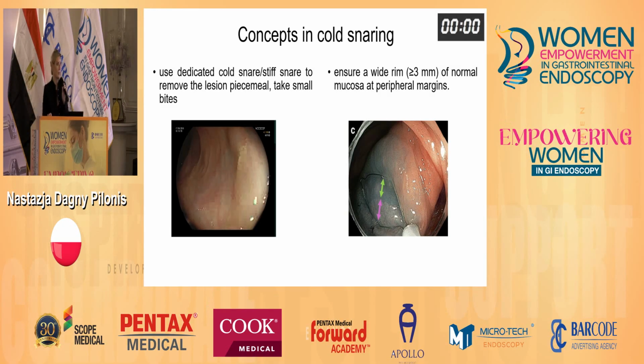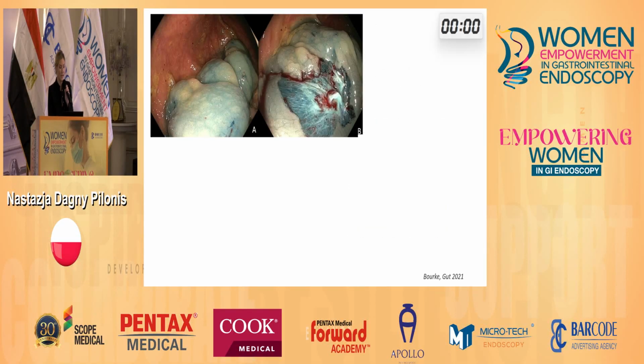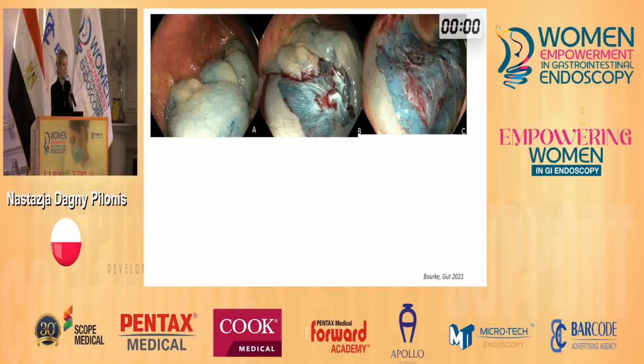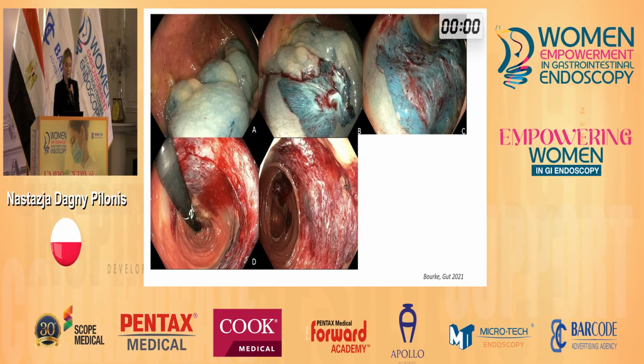This is very important, and I think this concept allows for the very low recurrence rate after cold polypectomy in serrated lesions. And as I said before, don't get discouraged with the effect and with the fact that this is not a very elegant technique. It's very effective, and I think that's the most important thing.